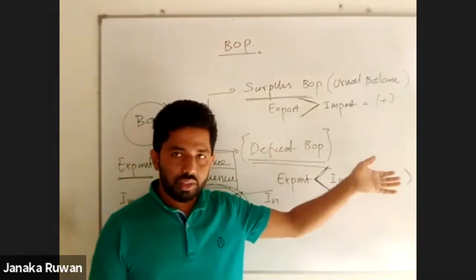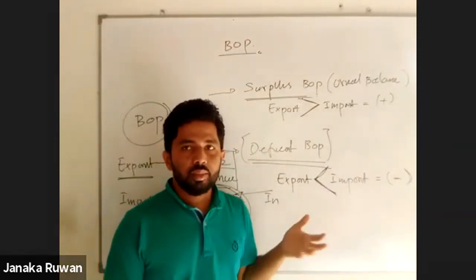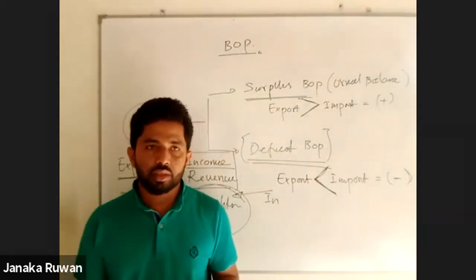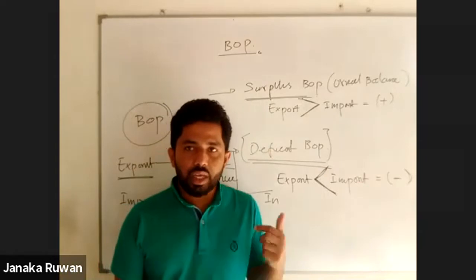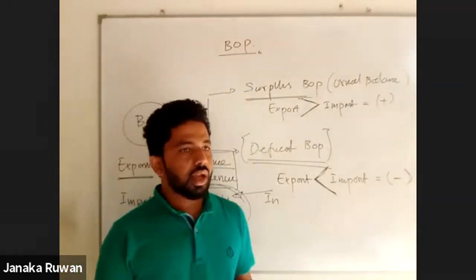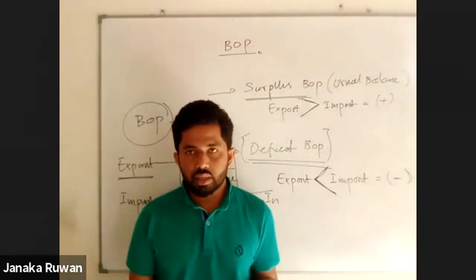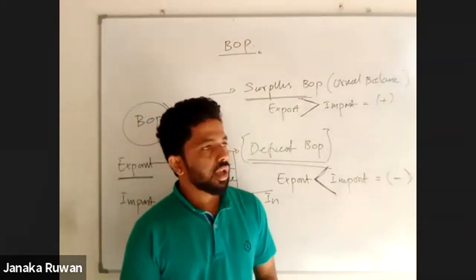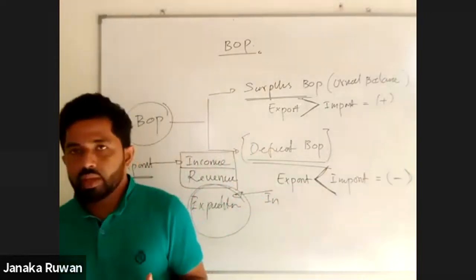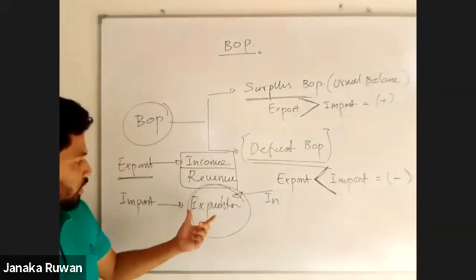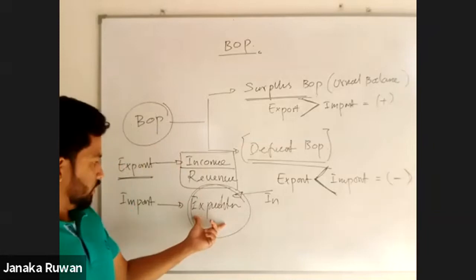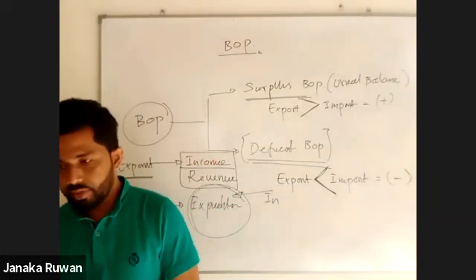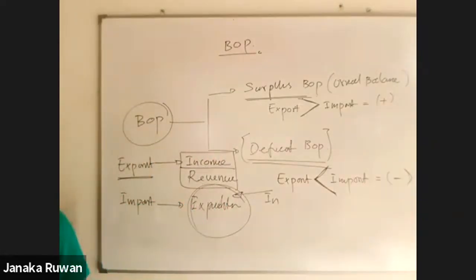That means overseas transactions will be there: imported goods and services, and also investment, capital and equipment from other countries. Imports will increase the expenditure level of a country with other countries. So it will create a payment from foreign reserves.